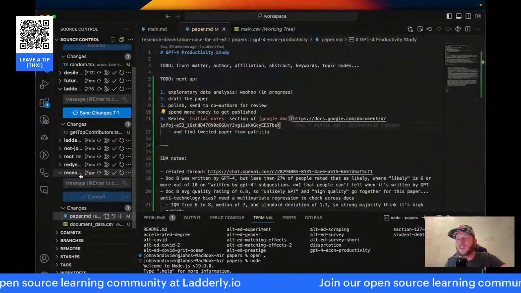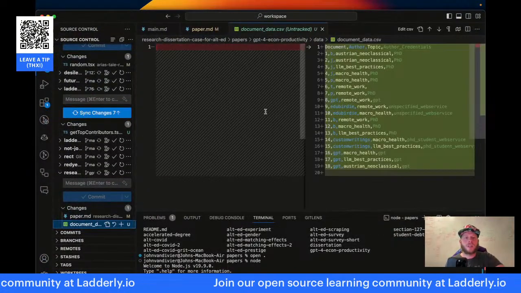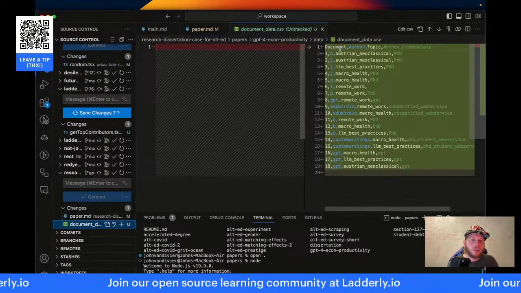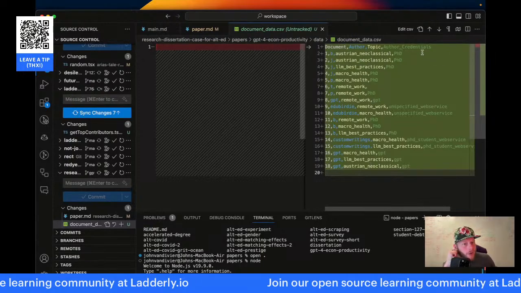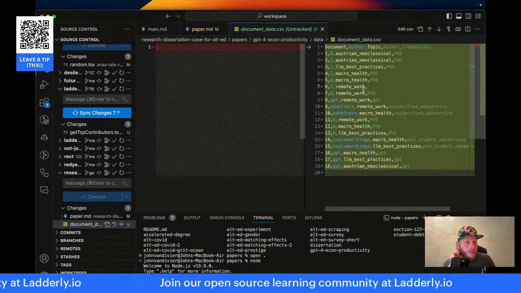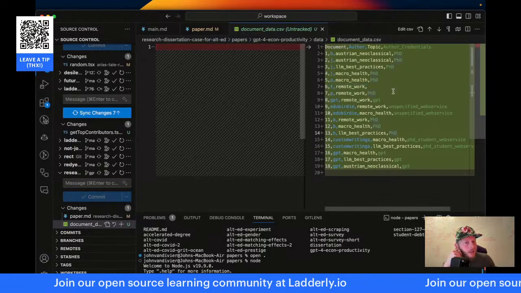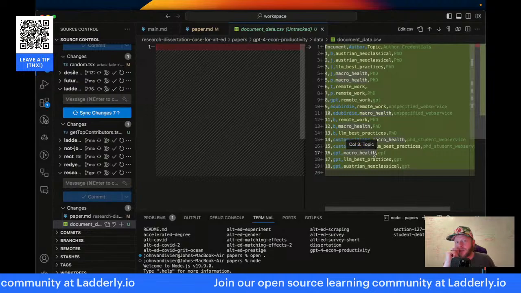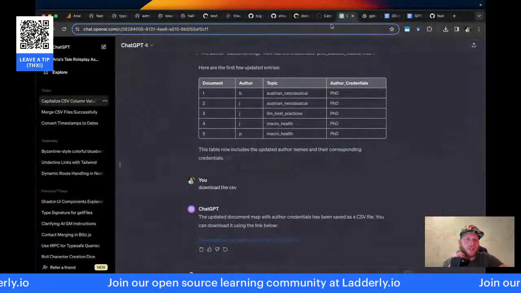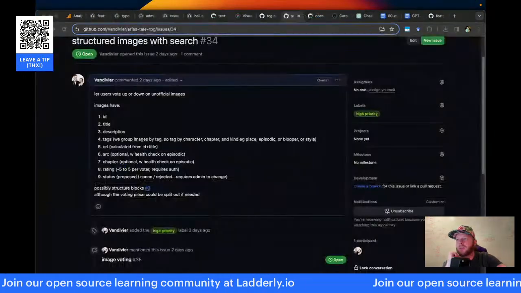All right, let's look at this document data. 1 to 18, great. And so we know the credentials for everyone except T. I can confirm that here. Okay, let me actually read the paper. I'm going to pull this off the screen.